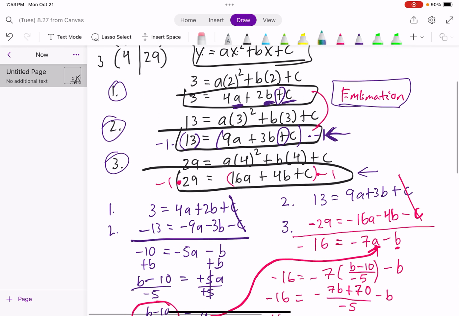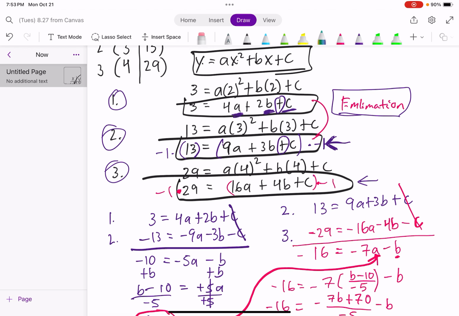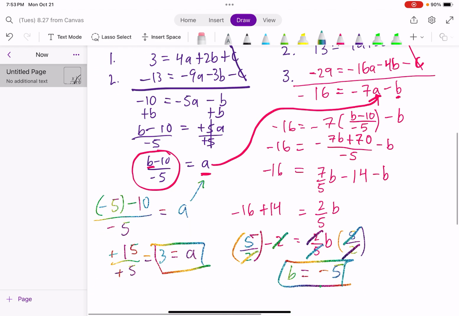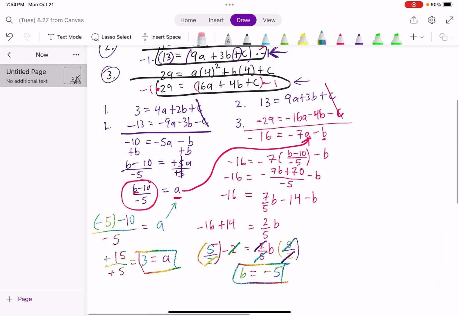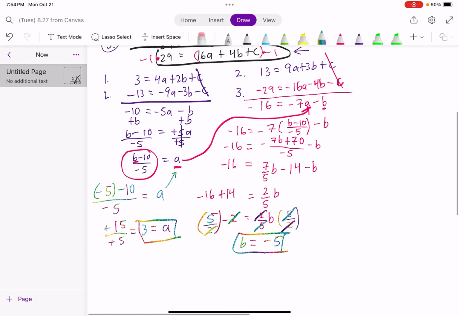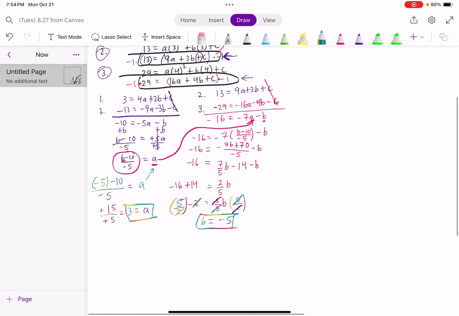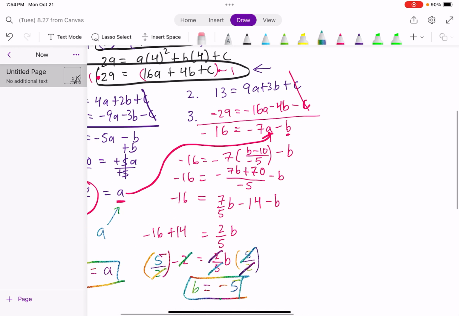Now, we can use any equation to get the c value. Okay. So let's just use the bottom one, just because I can still see it. So let's say that I'm going to use equation 3 here.